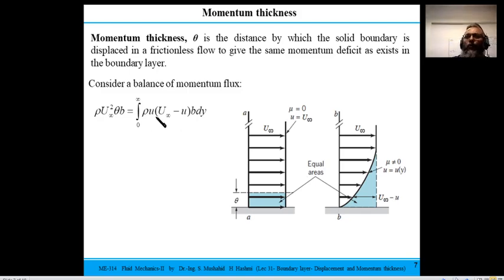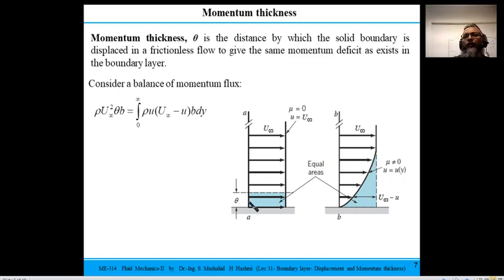Here, as we know, this is the velocity and this would be the area. So rho u times area would be the mass flow rate, and I am multiplying this mass flow rate with the local velocity u, then it would be the momentum flux. As I move in the y direction, this momentum flux is changing because of this velocity distribution and due to this viscous effect.